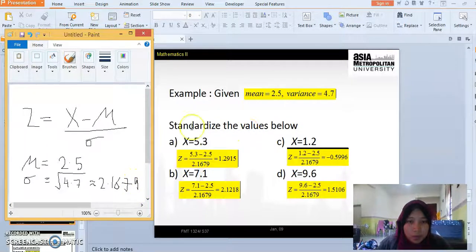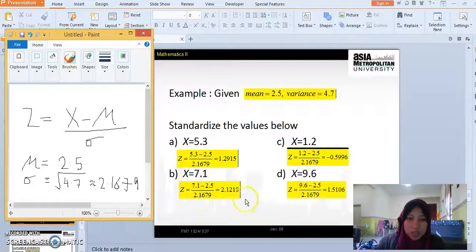So to standardize the values below, given the value of x, what you need to do is substitute your x inside this formula. So this would be 5.3 minus your mean value, which is 2.5, divided by your standard deviation. So you will get 1.2915. And the same goes with question B, for example, 7.1. To standardize the value, you substitute it inside, minus your mean, which is 2.5, divided by your standard deviation.